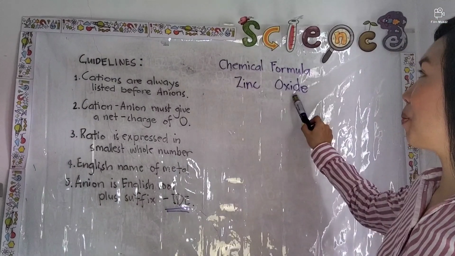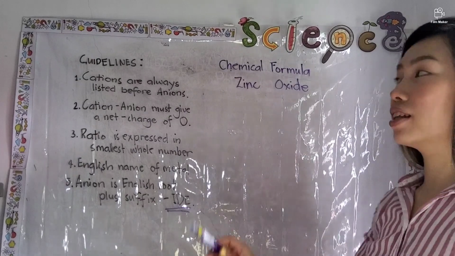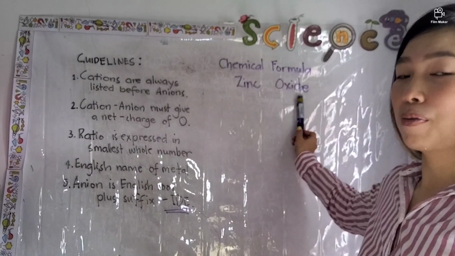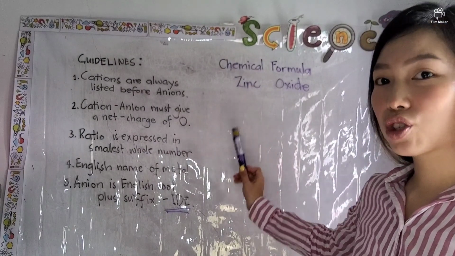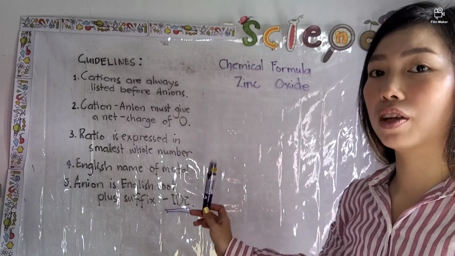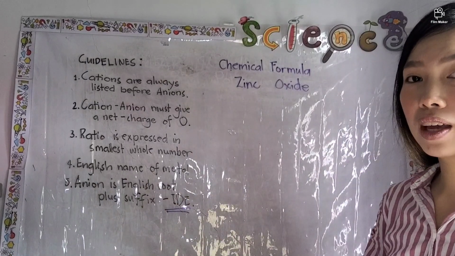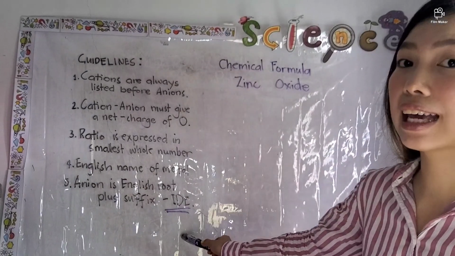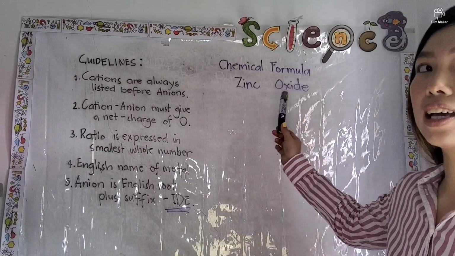So as you can see, napalitan na yung pangalan ng oxygen. From oxygen, naging na siyang oxide. Basta you always take note in the ionic compound, you always change the suffix of the nonmetal or the anion from its original name into ending IDE. So that's become zinc oxide.